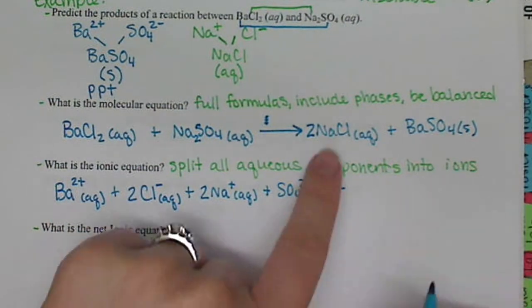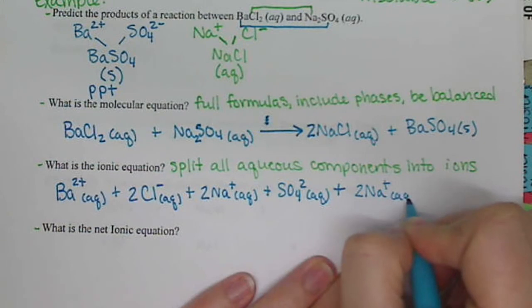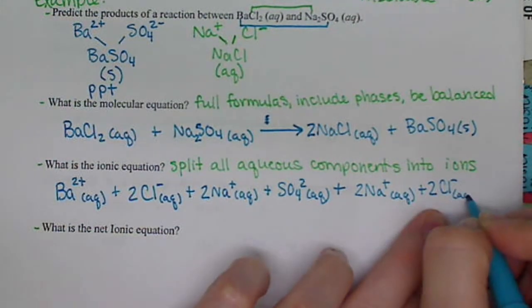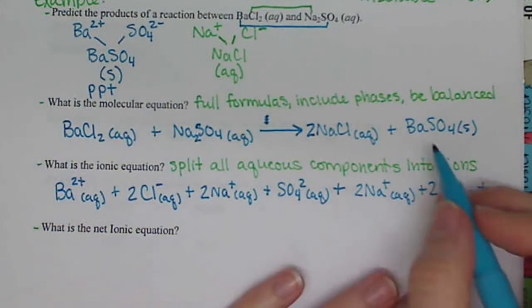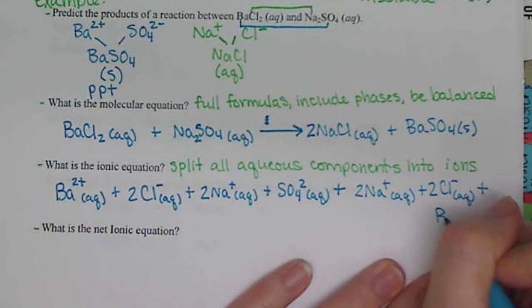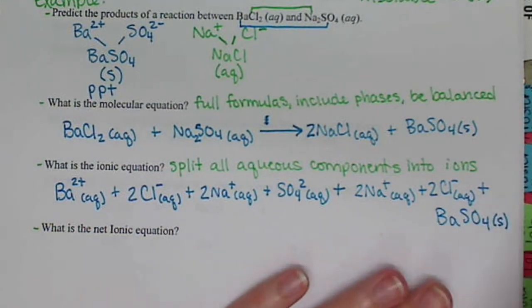Then we have sodium chloride, so we get two sodium ions and two chloride ions. Then we have our barium sulfate as a solid, so it stays together, stays the same as BaSO4 solid.